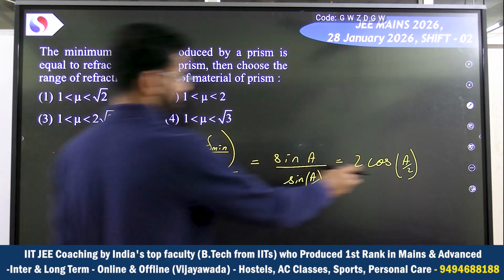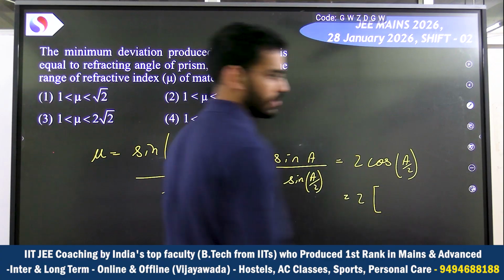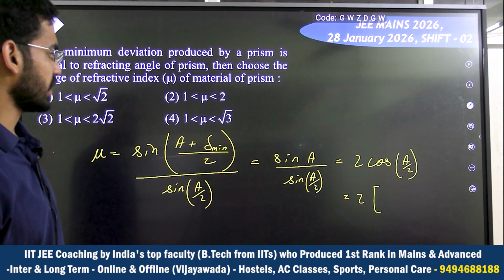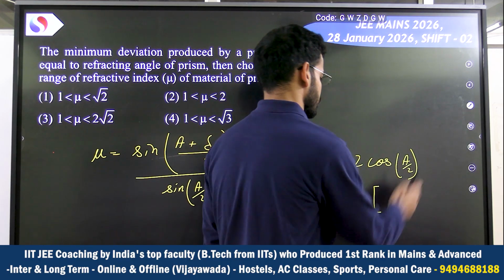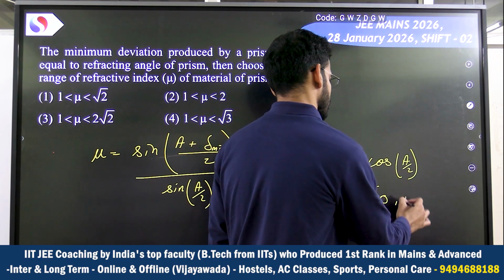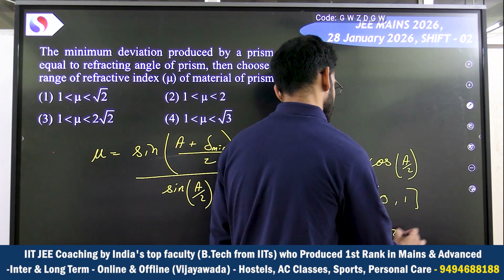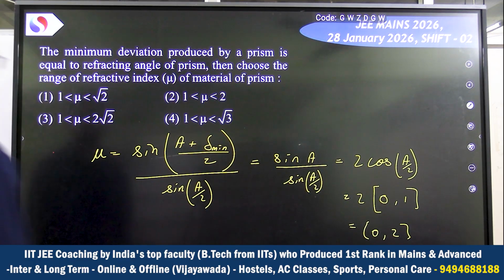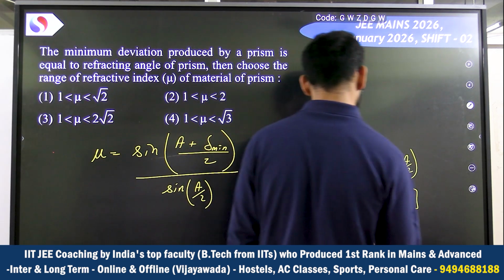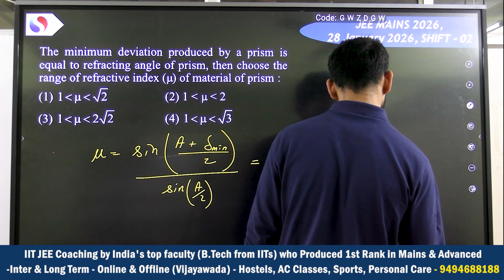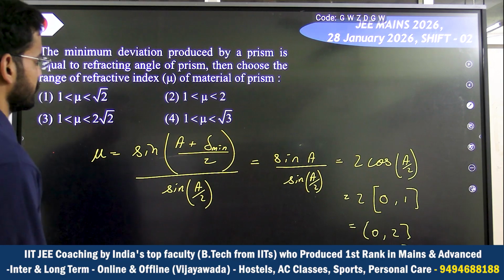Cos A by 2 could range from -1 to 1, but since A is an angle between 0 and 180, A by 2 is between 0 and 90, so cos A by 2 goes from 0 to 1. Even taking the closed range, mu is 0 to 2. And obviously refractive index will be greater than 1, so mu is 1 to 2. So you have the second option.